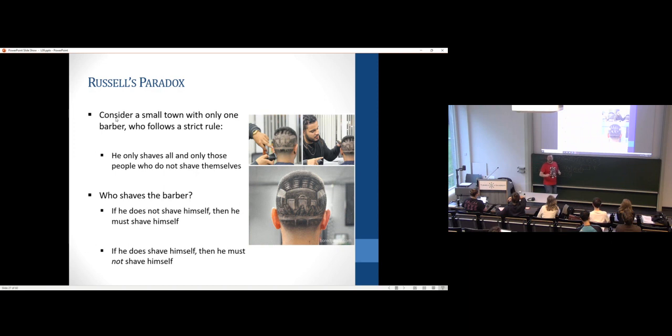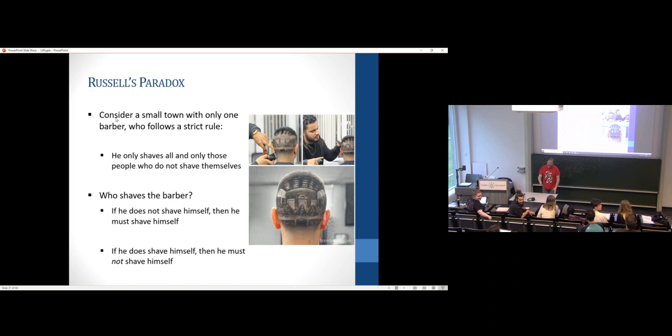If the barber shaves himself, then he can't shave himself, because that would violate the rule. Why? Because he only shaves people who don't shave themselves. But if he doesn't shave himself, then he has to, because of his rule. That's the problem.